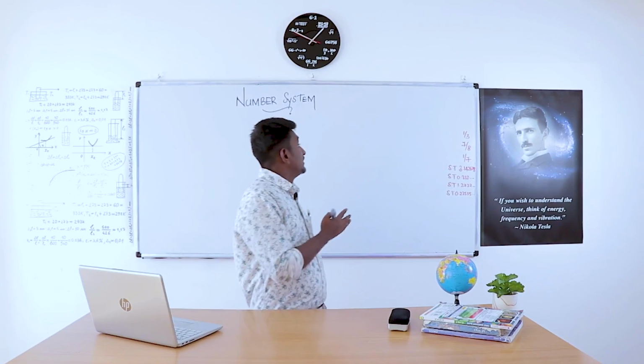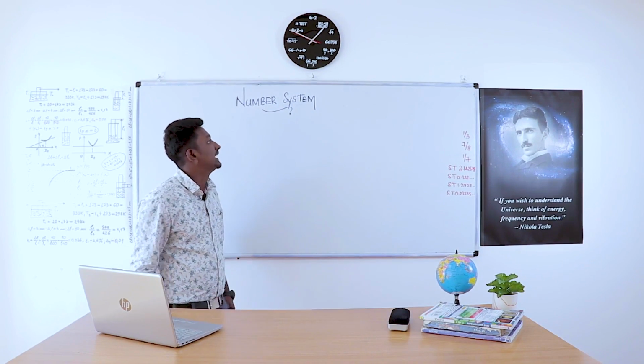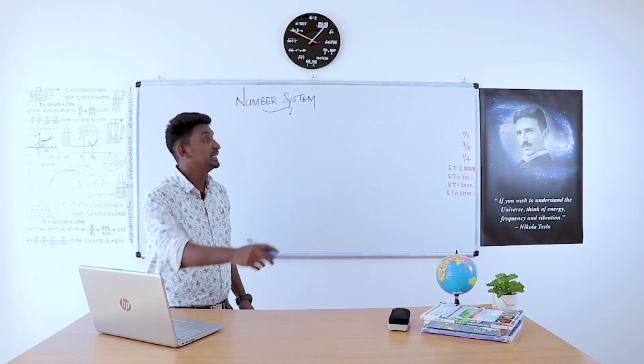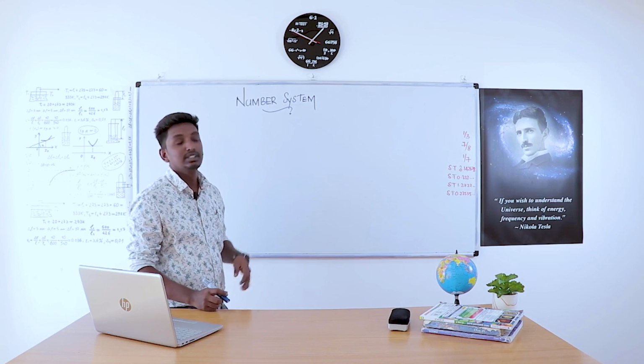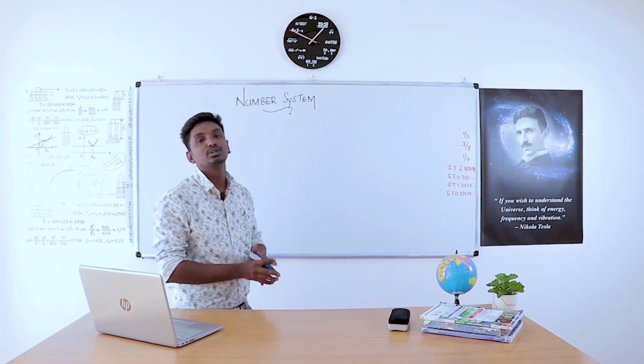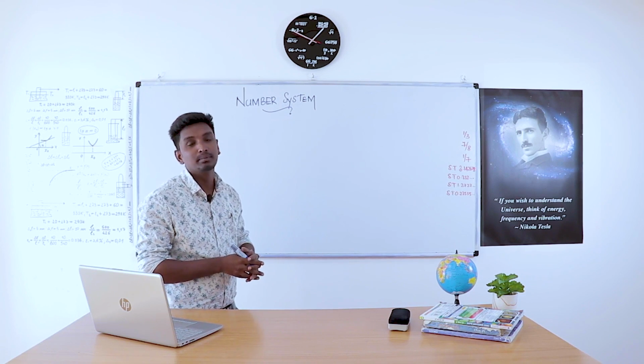Now we discussed natural numbers, whole numbers, integers, rational numbers and irrational numbers. Rational numbers and irrational numbers together are called real numbers.